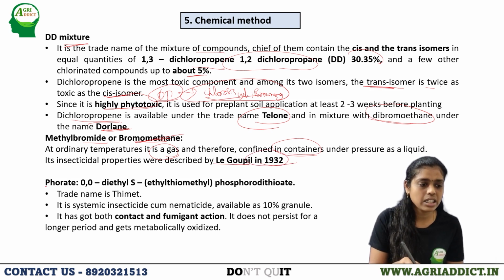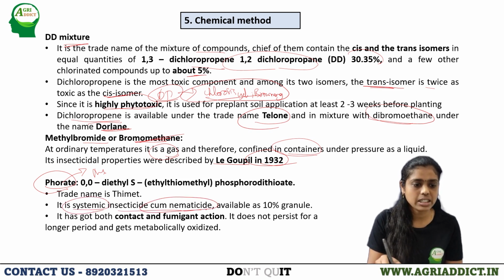The next chemical compound is Furadan, which is also an insecticide and nematicide. It is a systemic insecticide cum nematicide, available in the form of 10% granule. Normally we go for its application in the control of nematodes, and its trade name is Thimet.